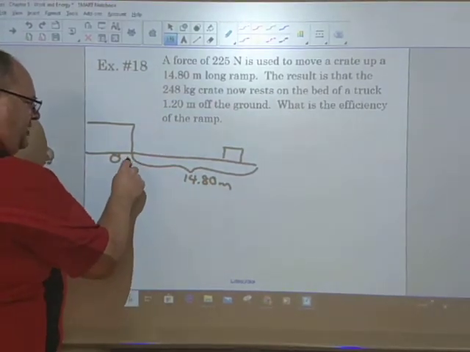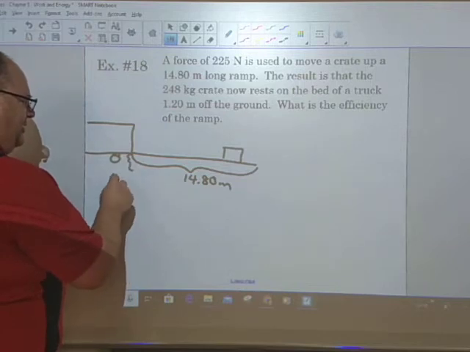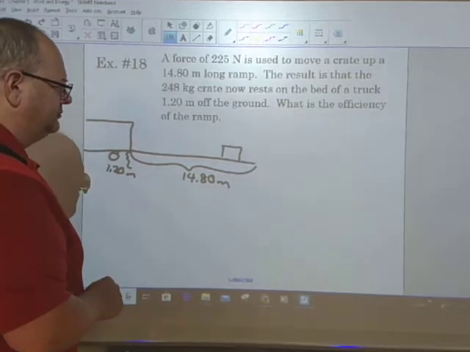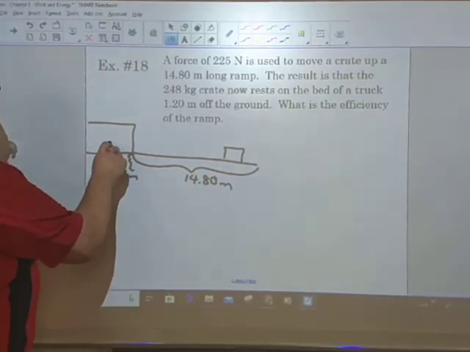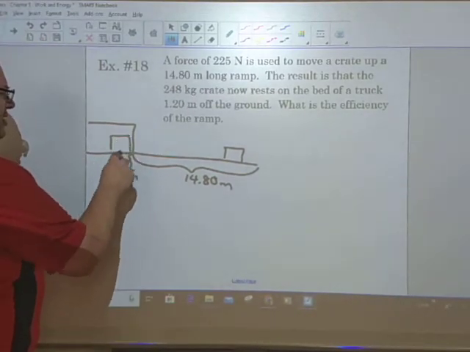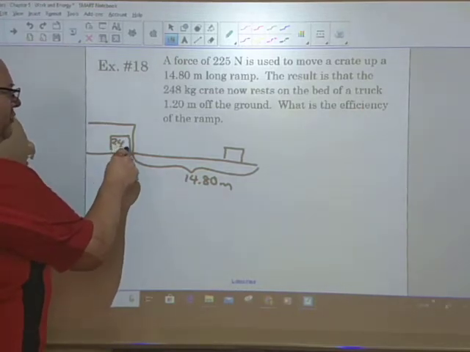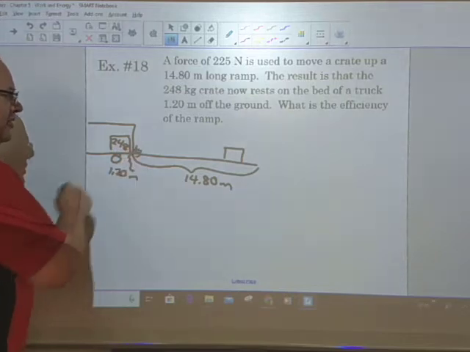But the result is our crate ends up getting lifted 1.20 meters. In the end, the crate's going to be sitting on our truck. It was a 248 kilogram crate.